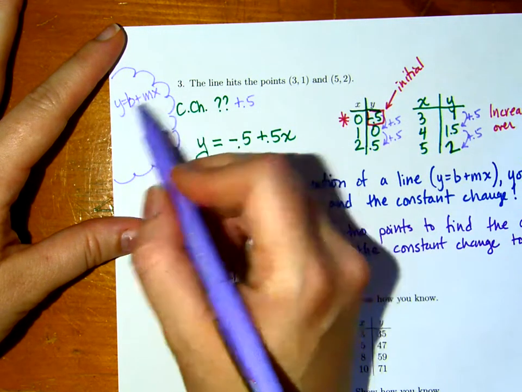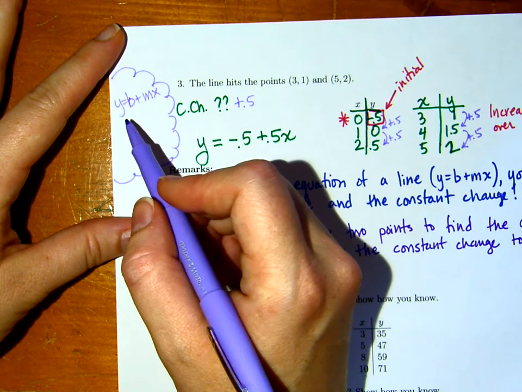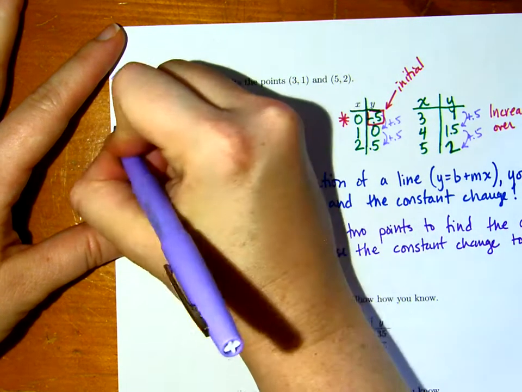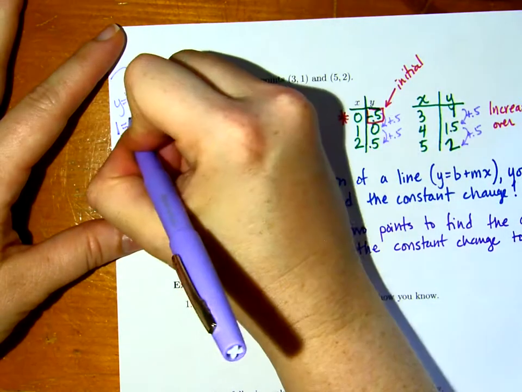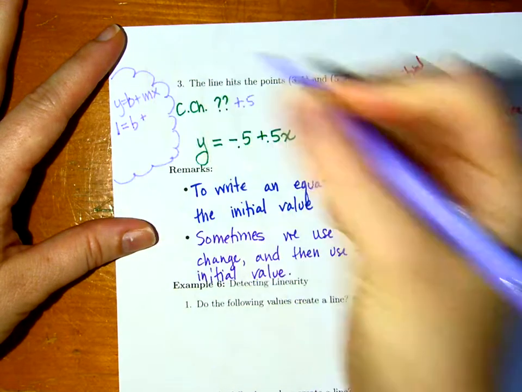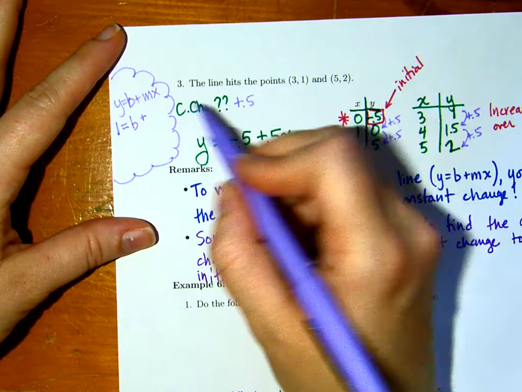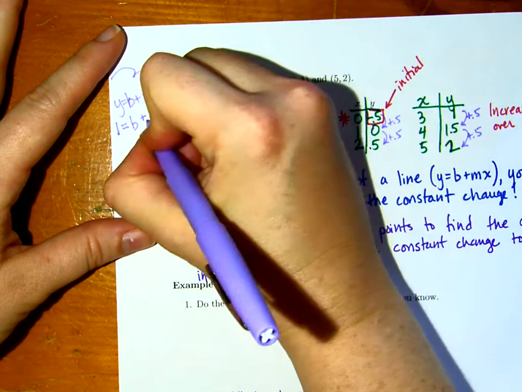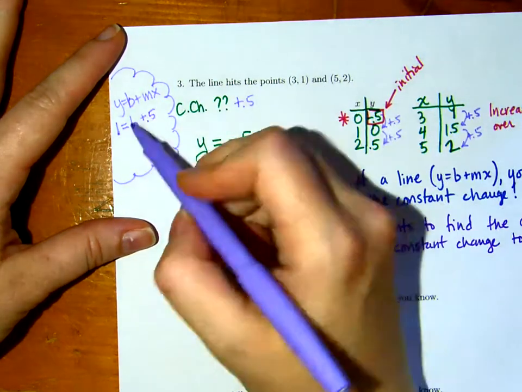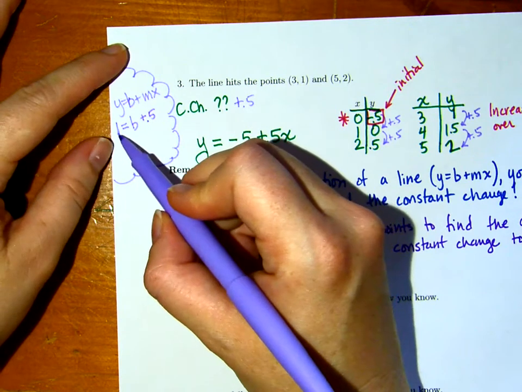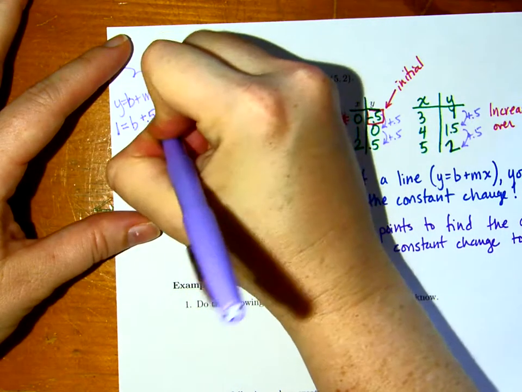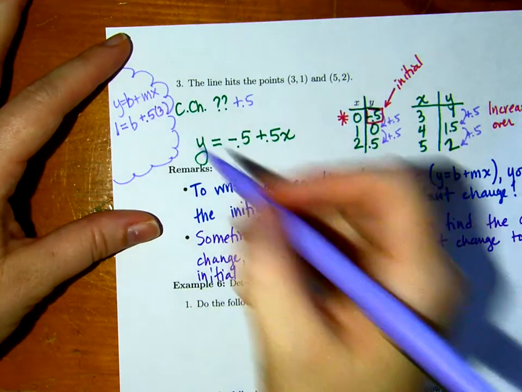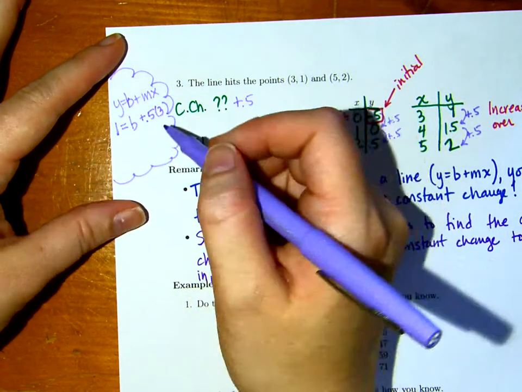So then they say, okay, let's use this. Plug in the y value, 1. We don't know the initial, so that's b. We do know the constant change, or the slope, that's a half. And the x value that corresponds to 1 was 3. And then they go ahead and solve this. And this will totally work.